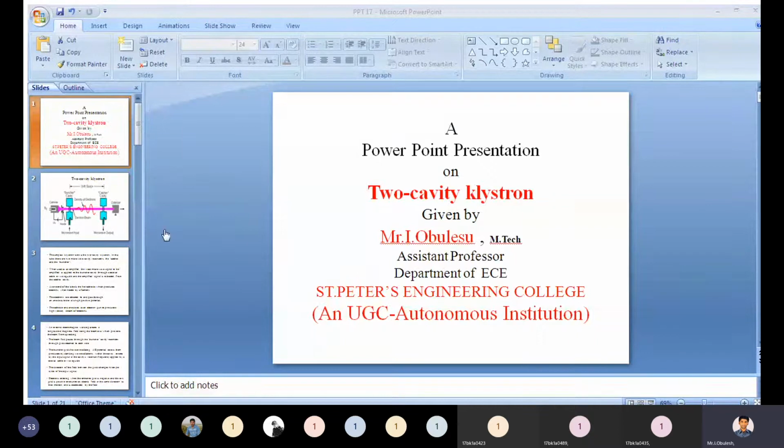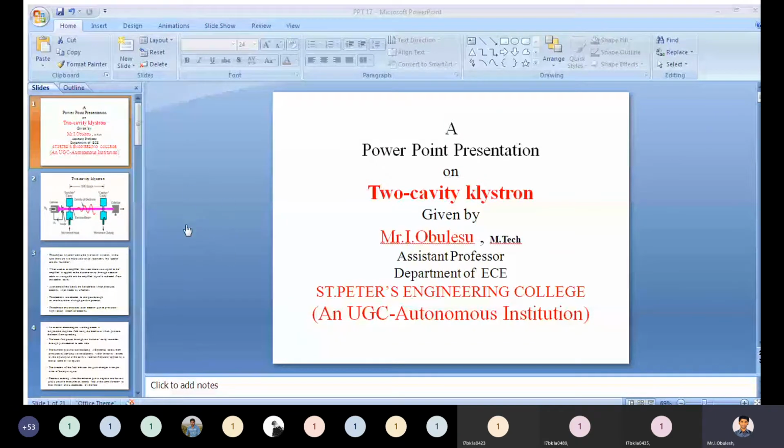We have that filament inside this cathode. Whenever this cathode is heated by the filament, only then will you get electrons from the cathode.